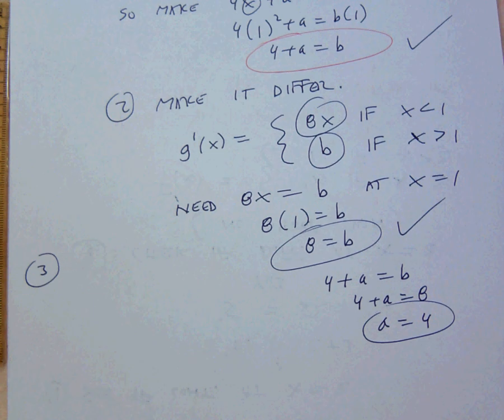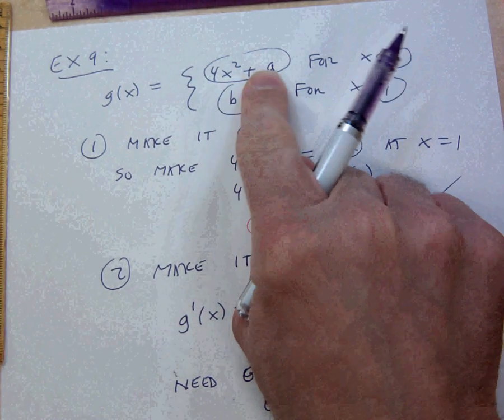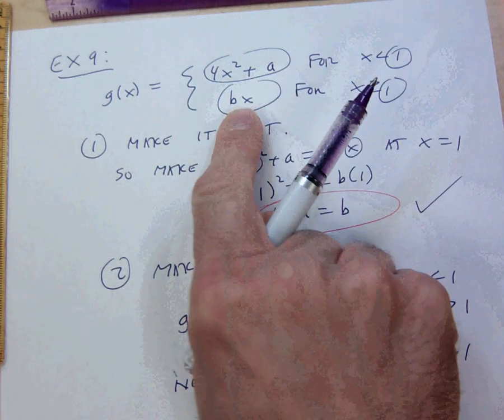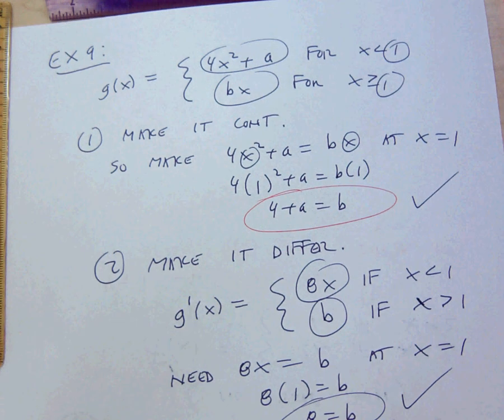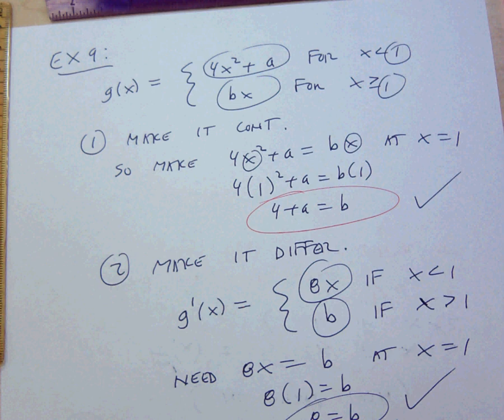Continuous and differentiable everywhere, right? Because that's a parabola which has no sharp turns or discontinuities. That's a line which has no sharp turns or discontinuities. So all I had to worry about was to make sure it's what? Continuous and differentiable at 2. Does that make sense? Which I just did.